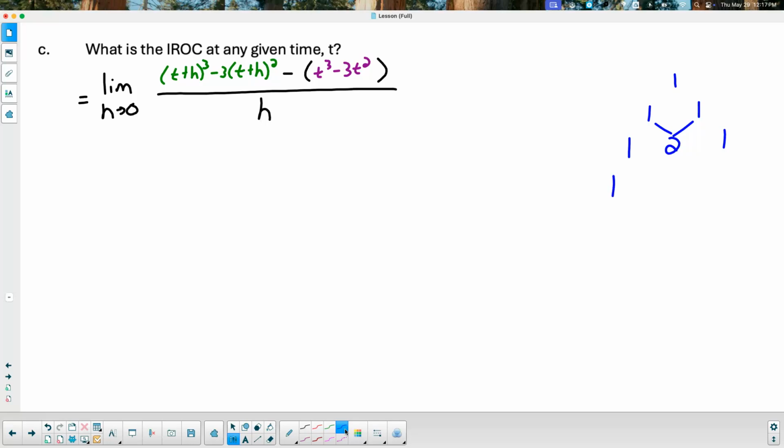So the next line would be 1, 3, 3, 1. Always ends on 1s. Okay? And the next line would be 1, 4, 6, 4, 1. And so on and so forth. Well, this is helpful because this line up here is, oops, why did it not give me the right color?